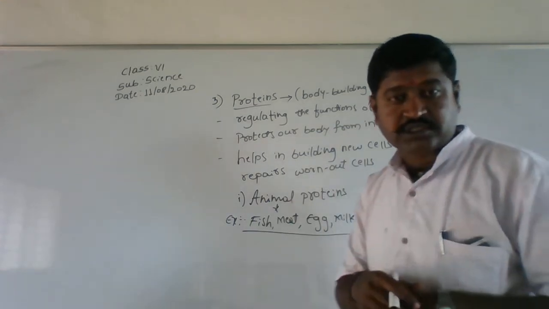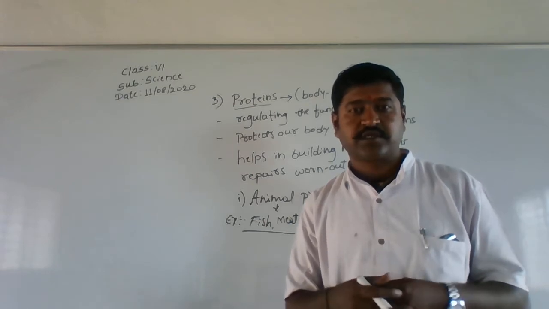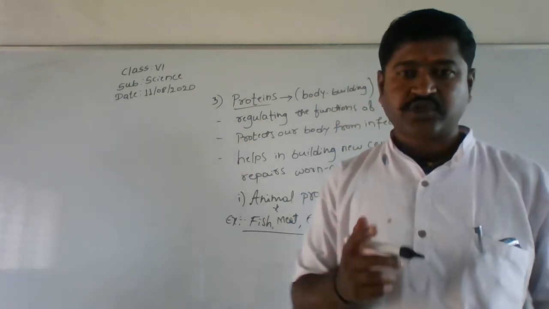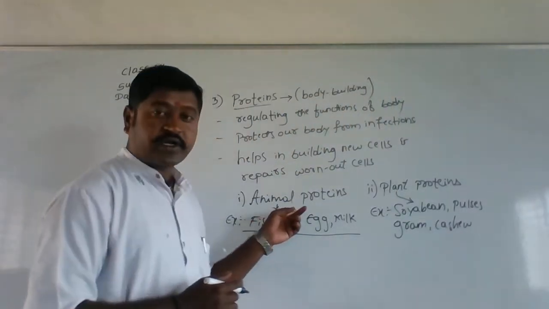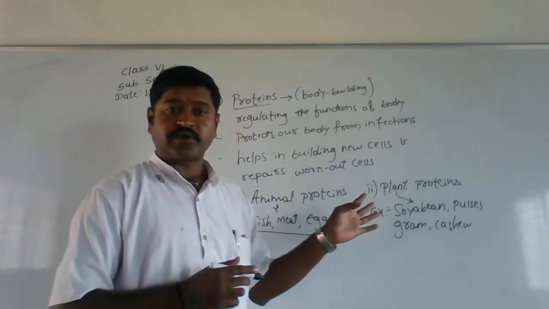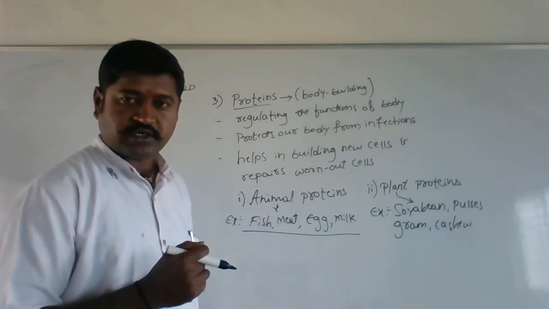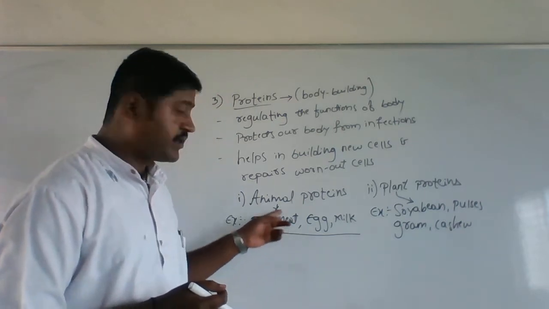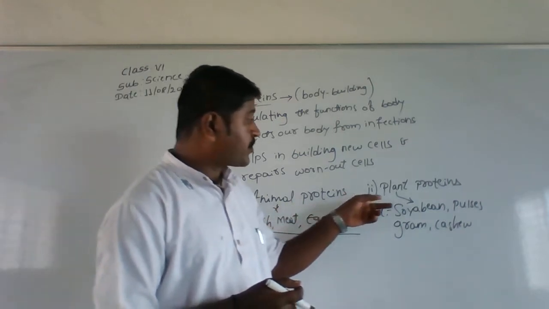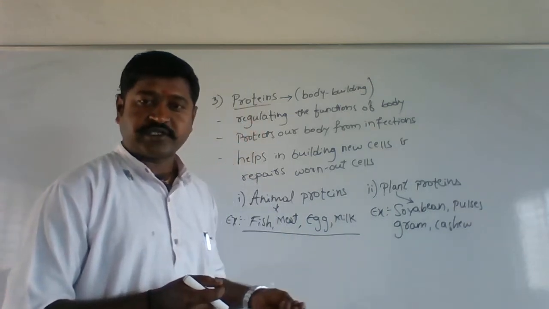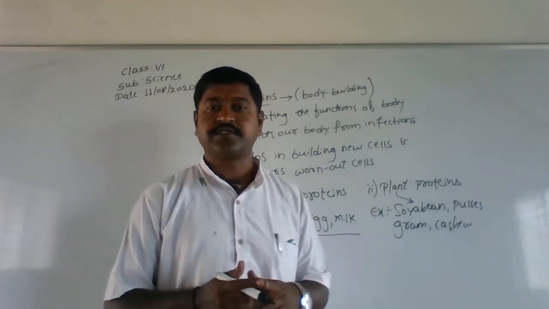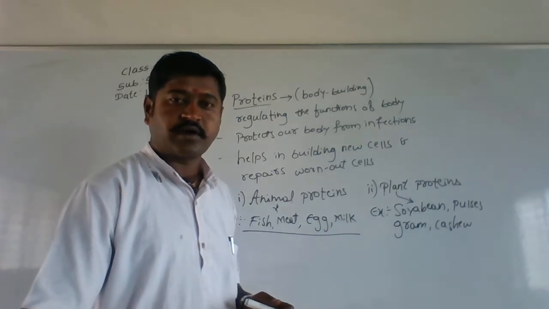Then the sources from where we get proteins are classified into two types. One is animal protein and the second one is plant protein. Whatever proteins we obtain from animals or animal products are said to be animal proteins, and the proteins that we obtain from plant products are said to be plant proteins. Is this clear, everyone? Alright.